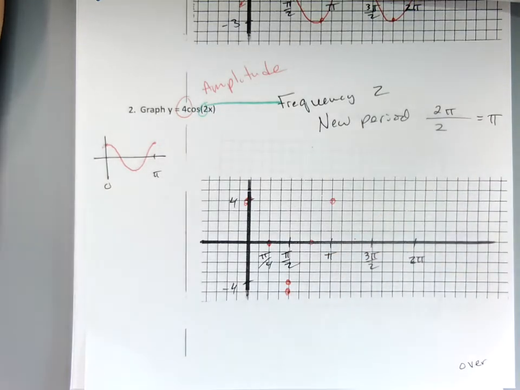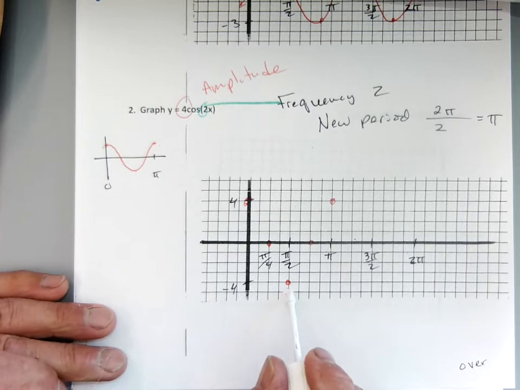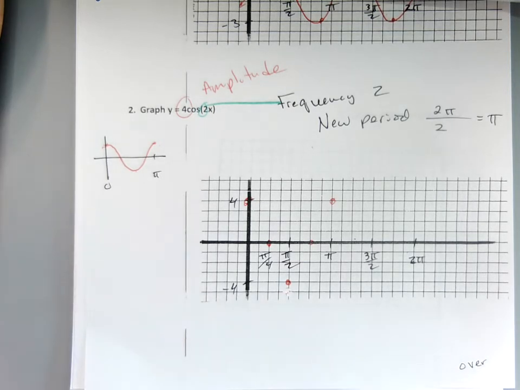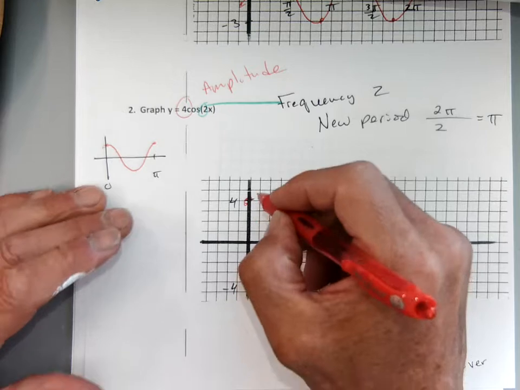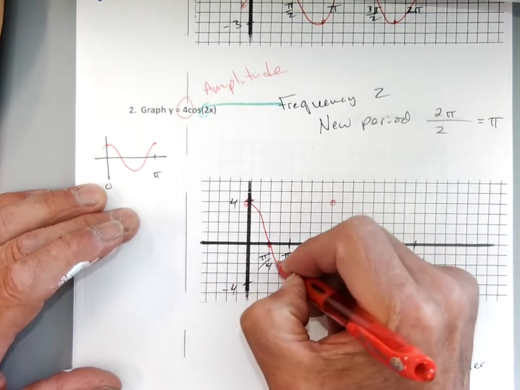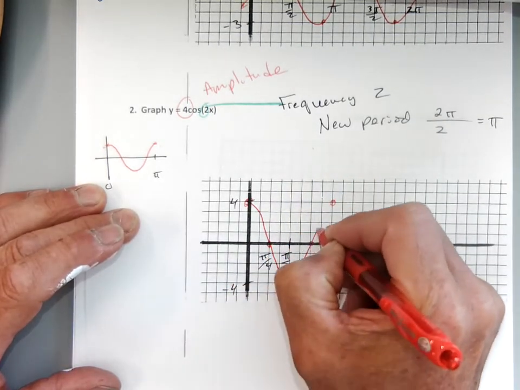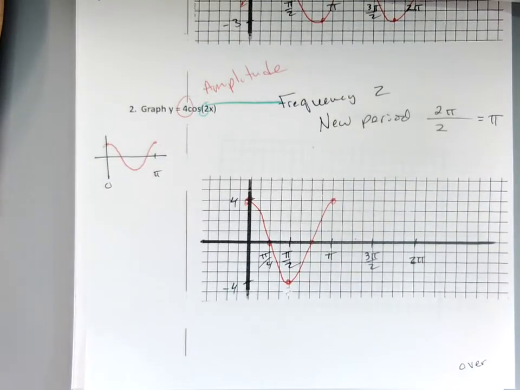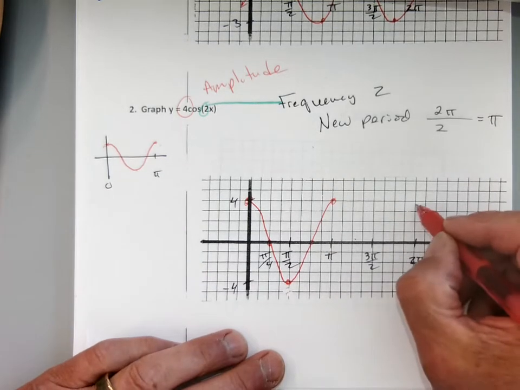And then I'm going to go ahead and just draw in my curve. So I'm going to get one of them. Make it try and look curvy because it really is a curve. It's not a pointy thing. And then there's one curve, and let's just repeat that exact pattern again to get 2 curves.